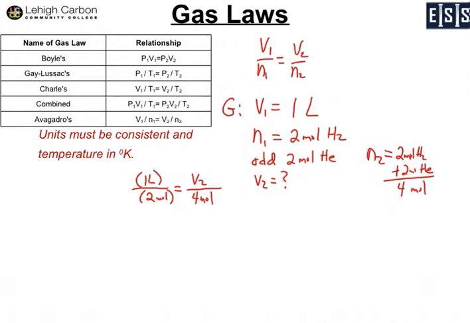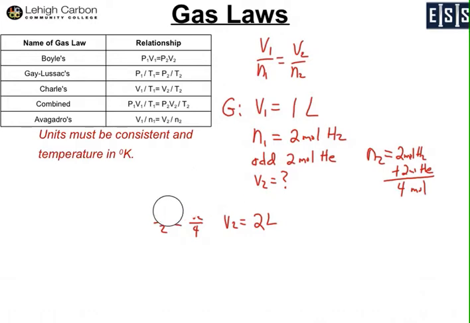To solve this, it should be fairly obvious. It's 1 over 2 equals V2 over 4, and you'll see that V2 is going to end up being 2 liters. So your resultant volume is 2 liters. That's a common way that they'll introduce Avogadro's gas law into a problem.